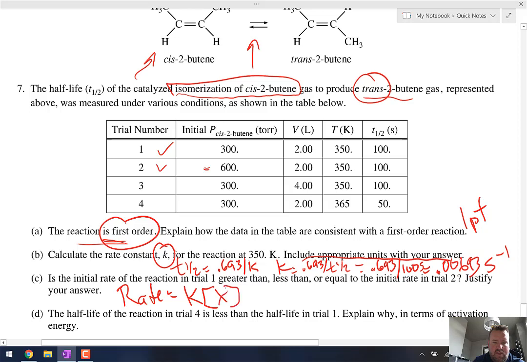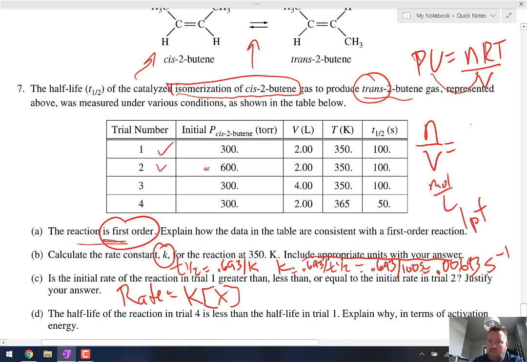We'll just say X. Okay, and the concentration is moles over liters, which is n over V. Start with PV equals nRT, and you divide by V over here. And so n over V, which again is moles over liters, is equal to P over RT, right? If I move those two over to the other side, it's P over RT.